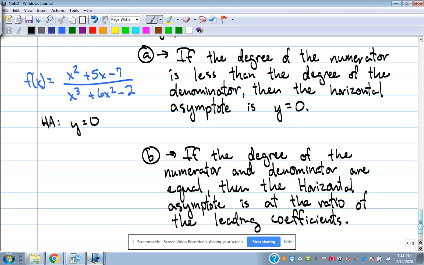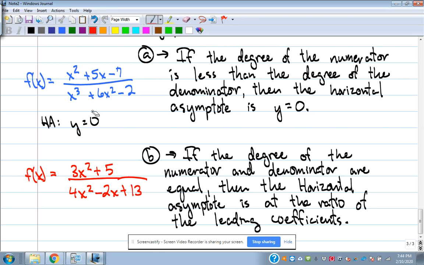Okay. An example of a function that does that would be something like this. f of x is equal to 3x squared plus 5 over 4x squared minus 2x plus 13.